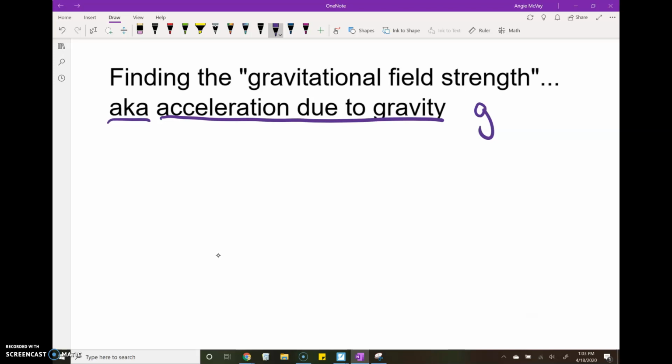And on an IB style question, almost always will they ask for gravitational field strength. Almost never will they describe this concept in terms of acceleration due to gravity, just to make sure that you know what they're asking for. It's a conceptual question. Okay, this gravitational field strength is 9.81 meters per second squared on Earth's surface.